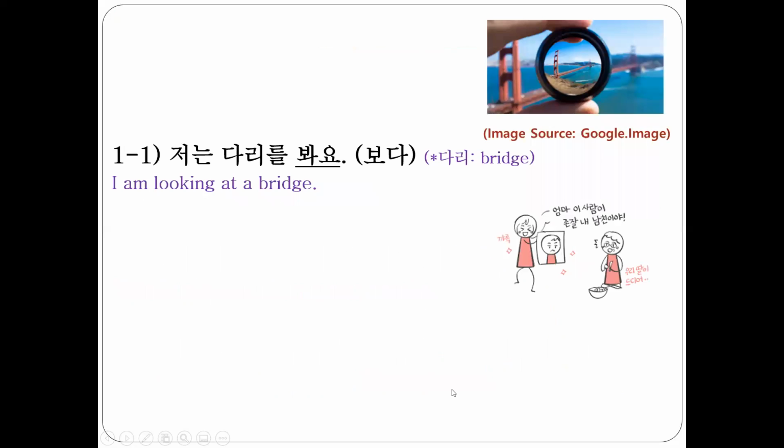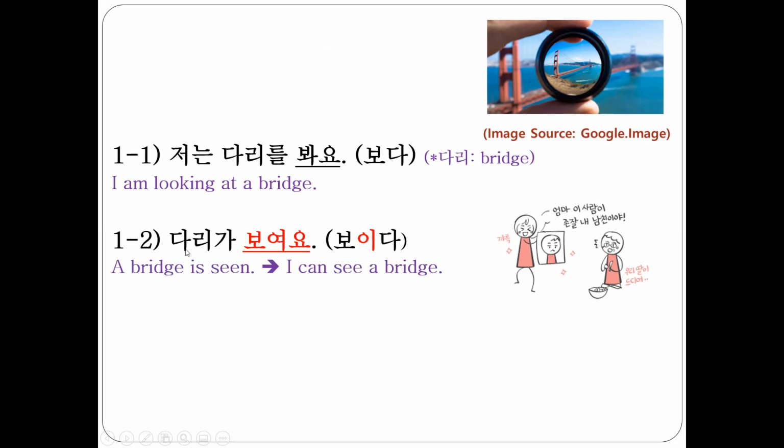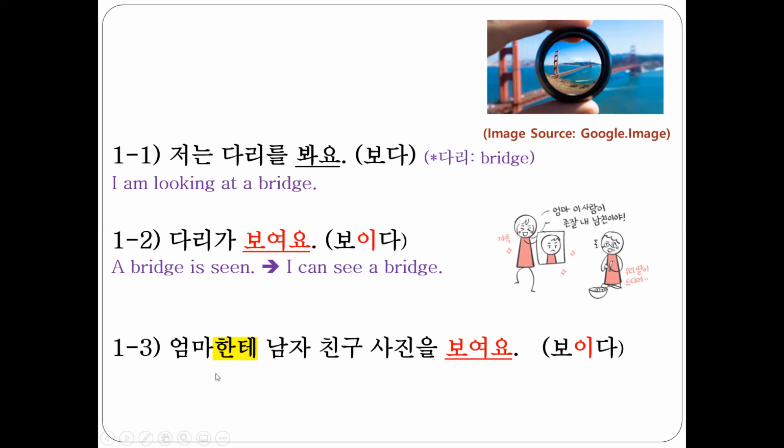읽게 해요 할 수 있습니다. Makes students read the book. 자, also here. 저는 다리를 봐요. I am looking at a bridge. So active verb죠. 그런데 다리가 보여요. Literally it means that a bridge is seen by me가 되죠. Passive verb, the translation is I can see a bridge가 됩니다. 그래서 보이다 passive verb예요. 그런데 저는 엄마한테 남자친구 사진을 보여요.